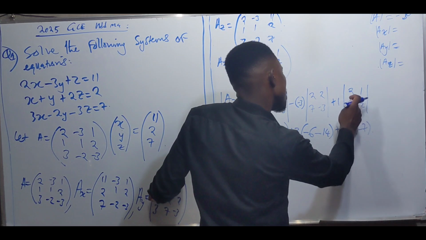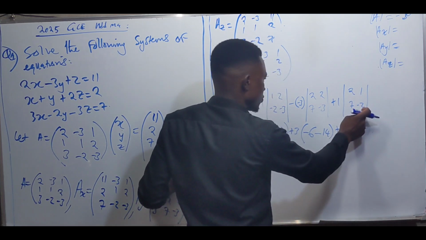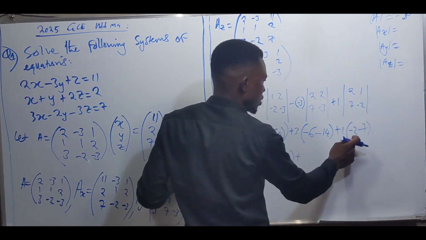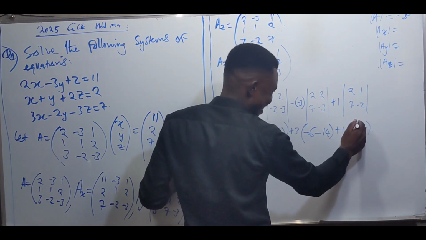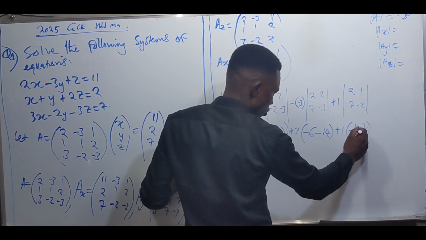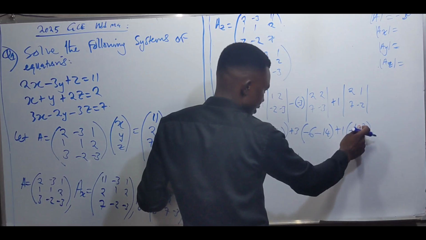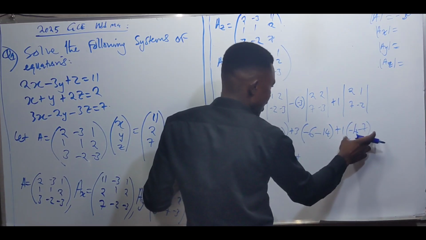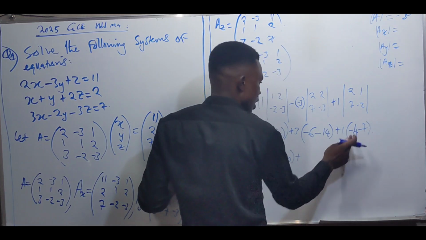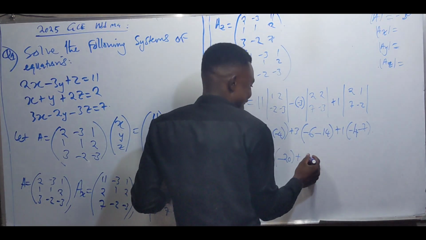Let's see, 2 multiplied by 2 is not negative 2, but negative 4. Then minus 7 multiplied by 1 is 7. So this is nothing but equal to negative 11.